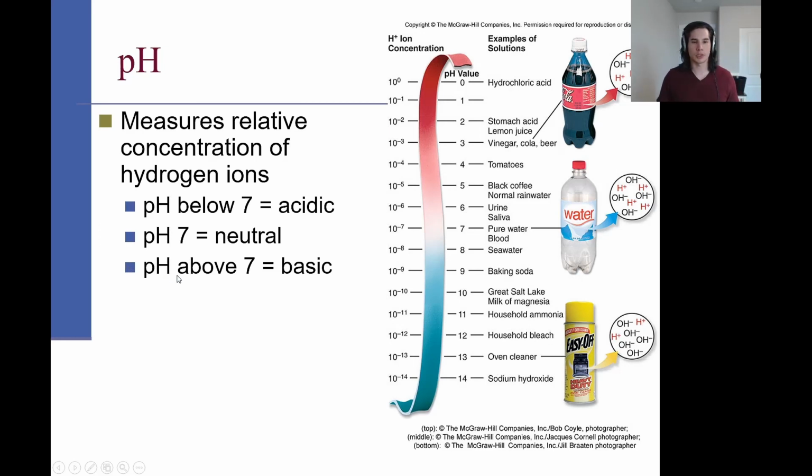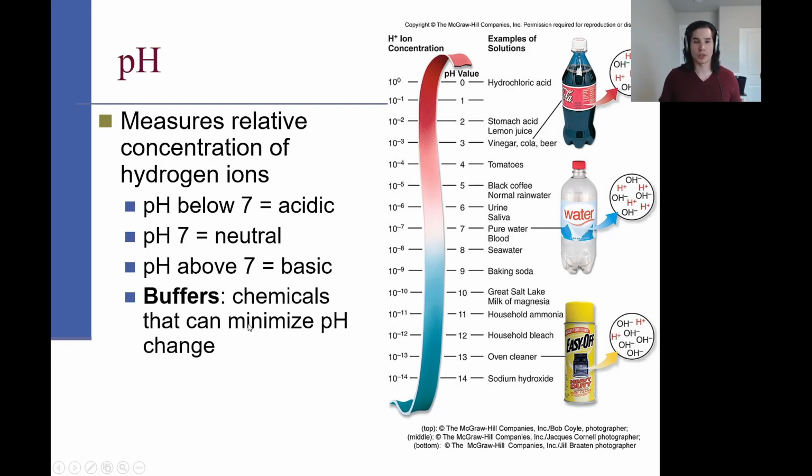Now, if your pH is above 7, that's when we consider it to be basic. So things like oven cleaner, sodium hydroxide, or household ammonia. So the higher you go in the pH scale, the more basic you are, and the lower you go, the more acidic you are.